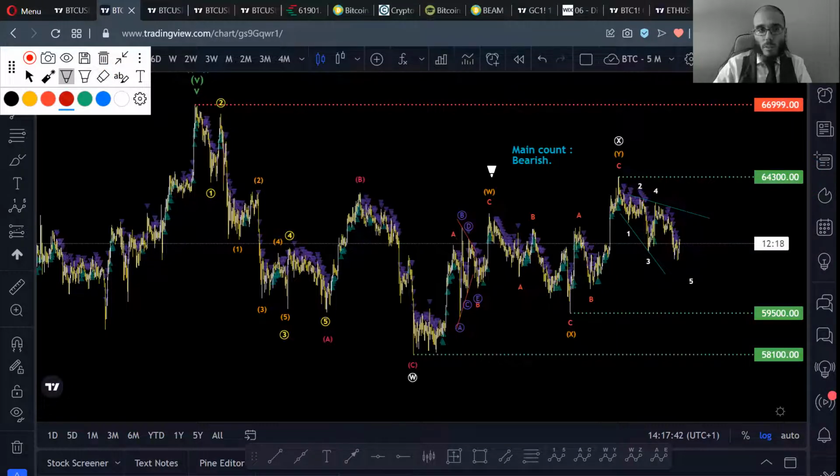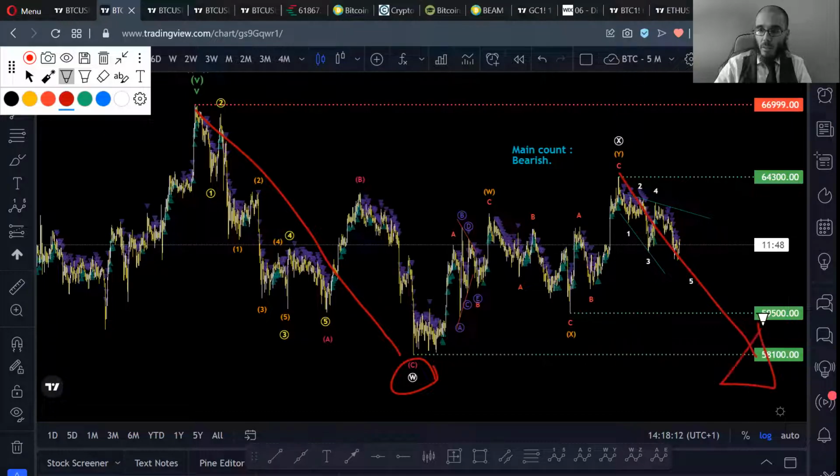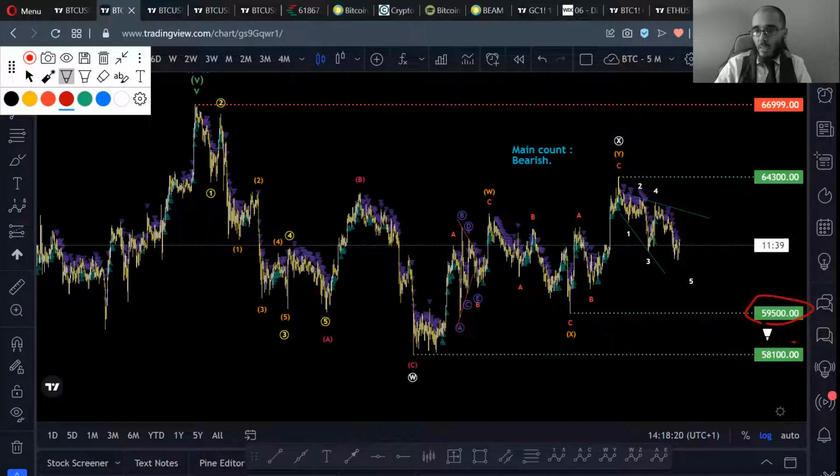So for now, the bearish count seems the most probable count, and you should be aware of prices decreasing in a similar manner to how they did in wave W. So I'm expecting something that takes the same amount of time and drops the same amount as W did for wave Y. So I'm expecting that. So we should go not just below 59,500, but even below 58,100.